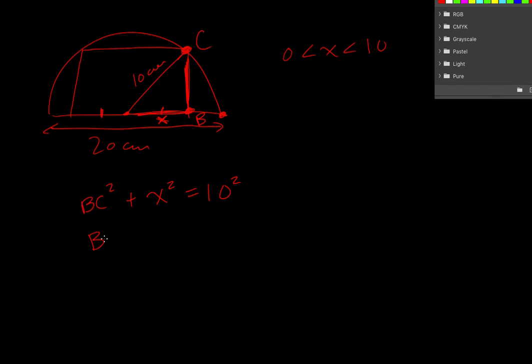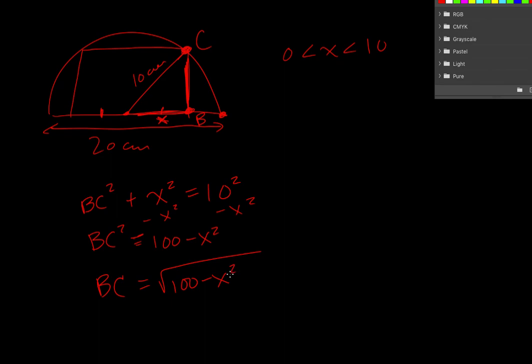And then if we solve for BC, we're going to subtract x squared from both sides. And that's going to be 100 minus x squared, just doing 10 squared for that. And then we will square root both sides. So BC equals the square root of 100 minus x squared.